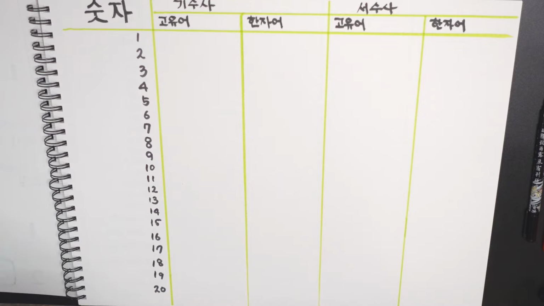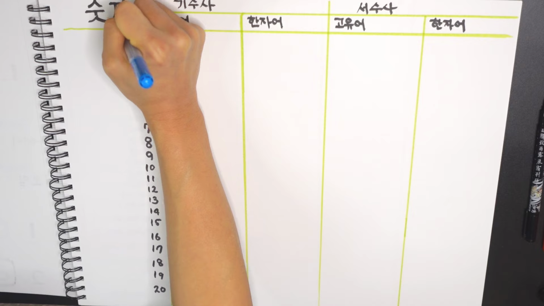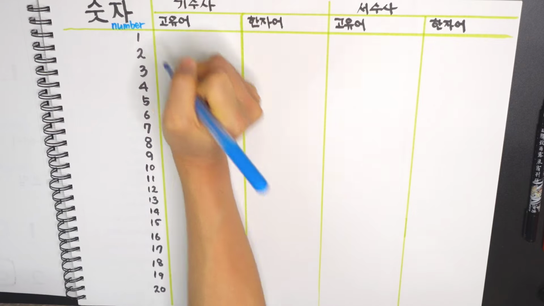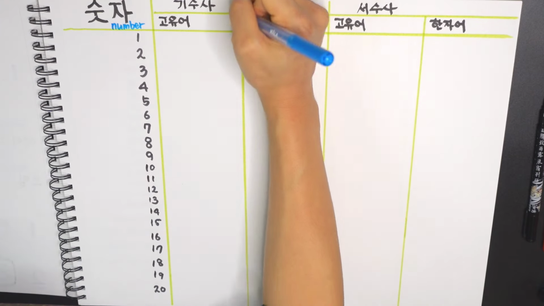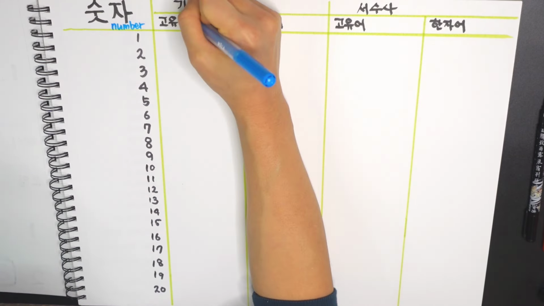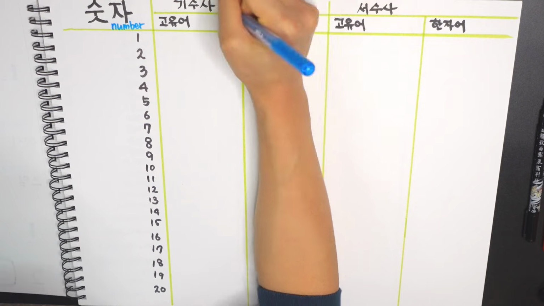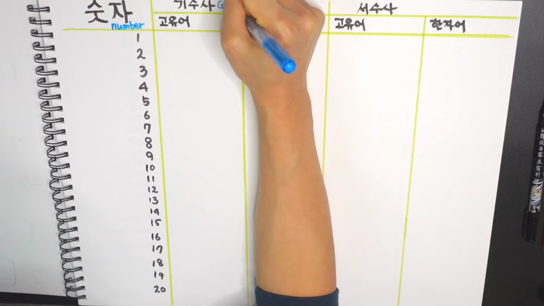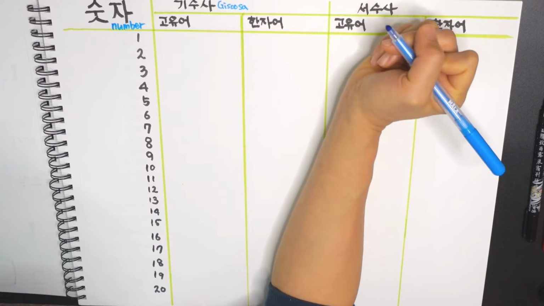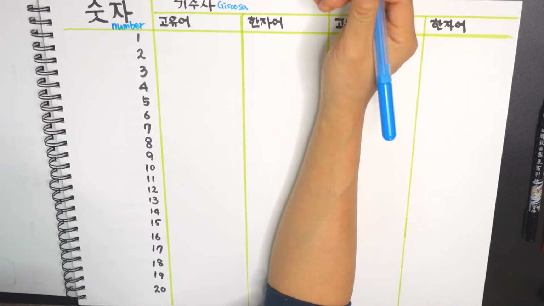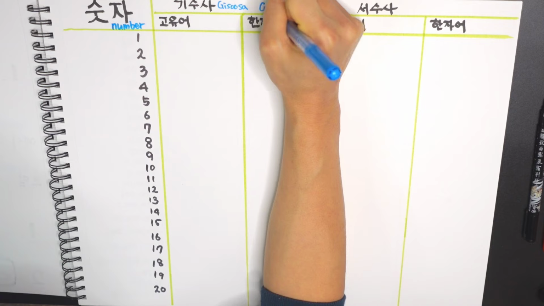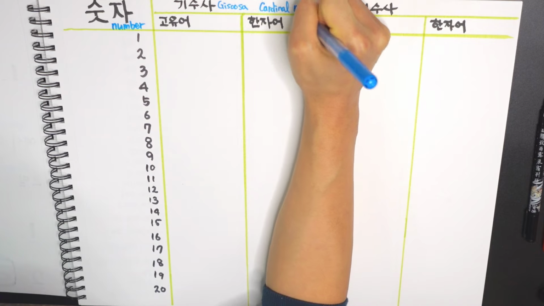So we have a table right here. First, 숫자 is number. And first, we have 기수사. So 기 and 수사. 기수사 is the number system, so the cardinal number.